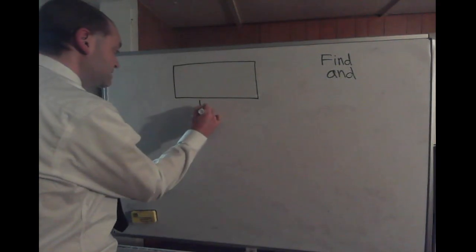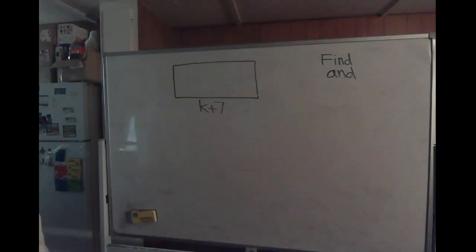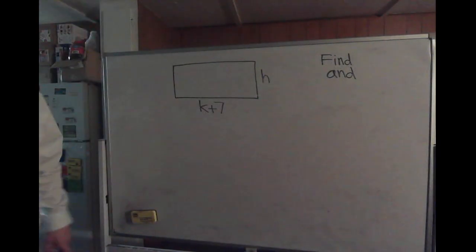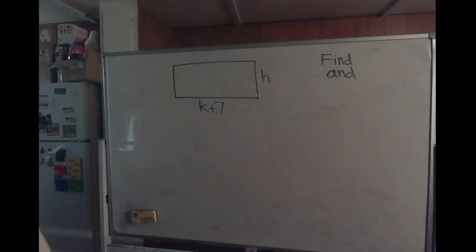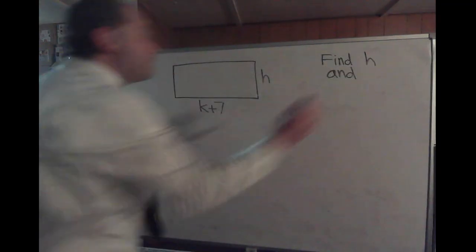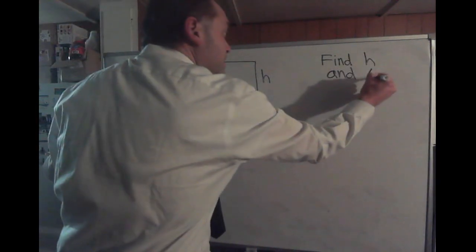All right, so the base has a length of k plus 7. We don't know the height, so we need to solve for the height for sure. We also need to find the area.